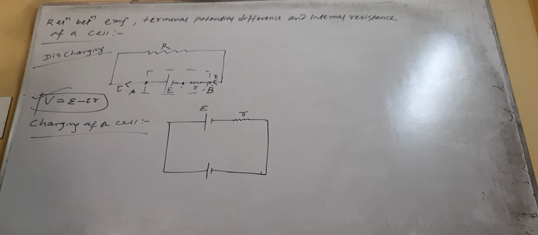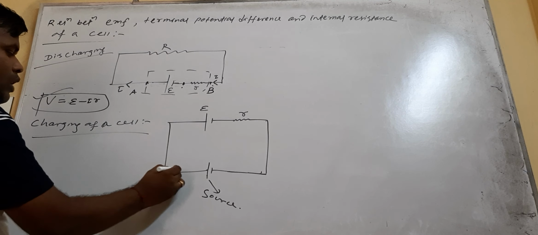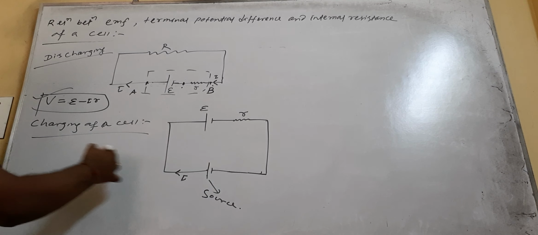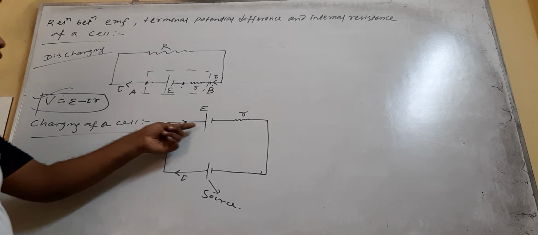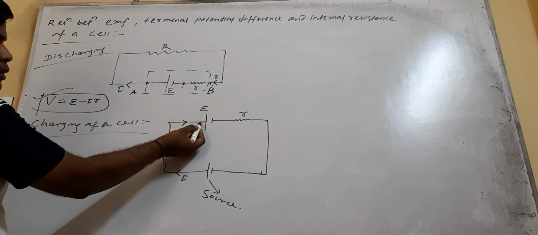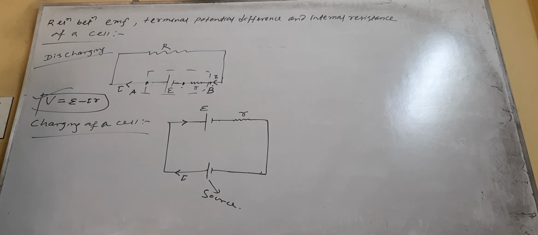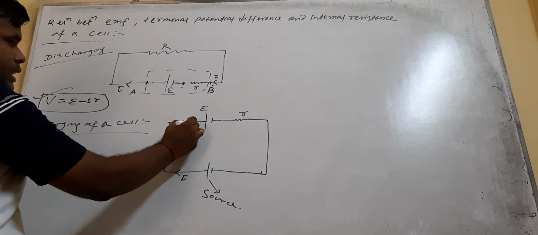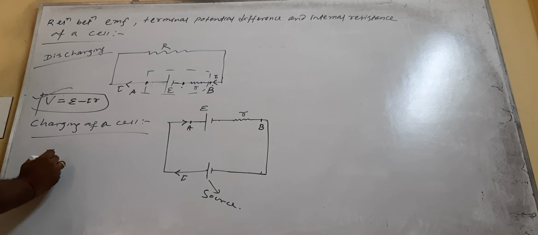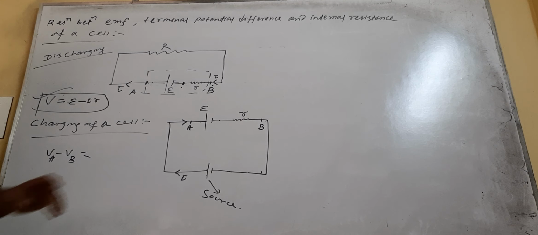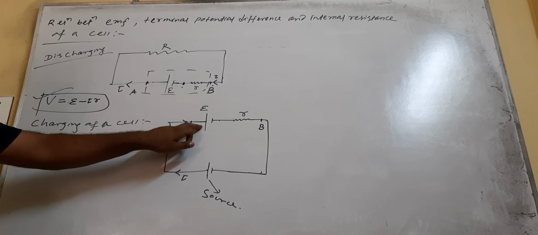As it is the source, current will definitely be drawn from the positive terminal of the source. Now you see current flows through this cell from the positive terminal to the negative terminal through the electrolyte of this cell. Then what is the terminal potential difference of this cell? That is VA - VB. It is positive here. It is your charging of the cell.